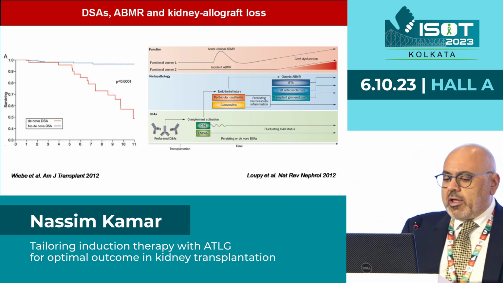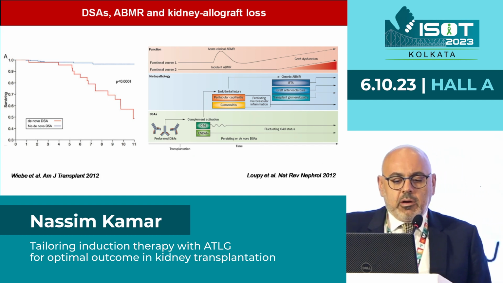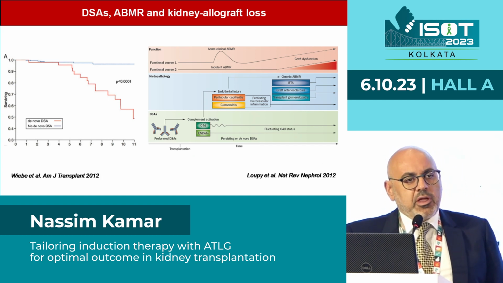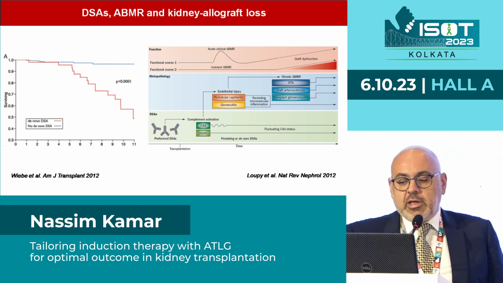If we look at the effect of the DSAs on the occurrence of ABMR, it has been clearly shown for more than 10 years now that patients who develop de novo DSA have a worse graft function compared to the others who have no DSAs.